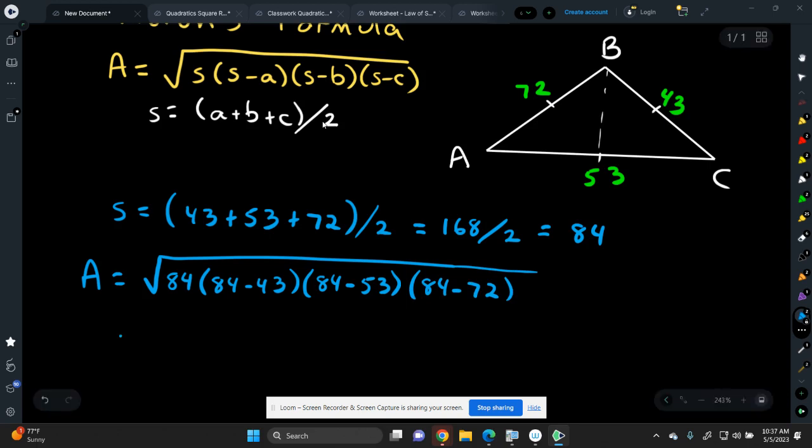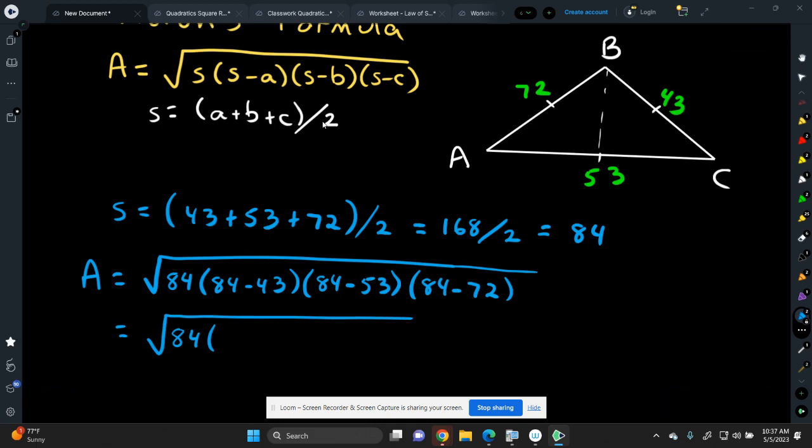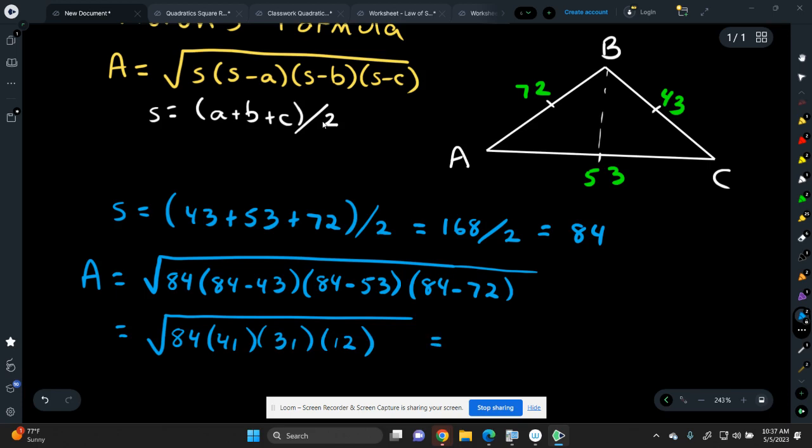Okay, so that's going to give me the square root of 84 times 41 times 31 times 12, which equals 1,131.89 square meters.